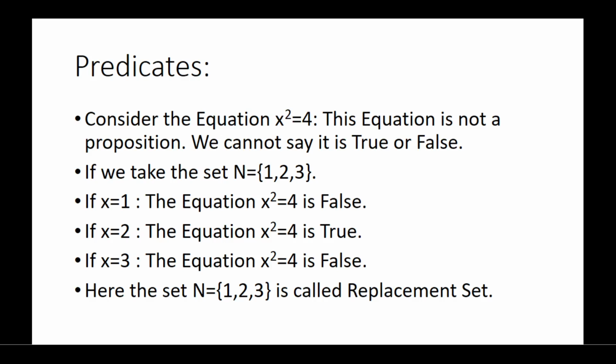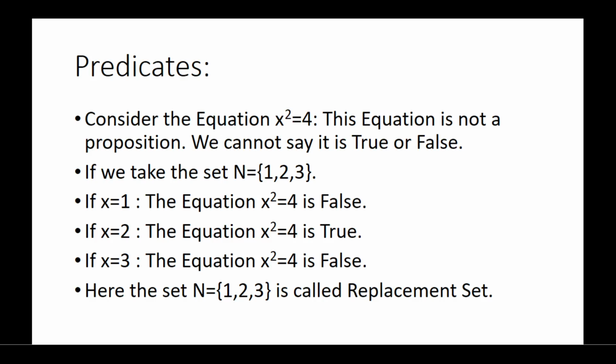So if we assume that the set from which x can take values is the set of natural numbers, N equal to 1, 2, 3 and so on, then x can take any one of these numbers at a time. When x equal to 1, the statement says 1 square is equal to 4, which is a false statement. When x equal to 2, x square equal to 4, it is a true statement.